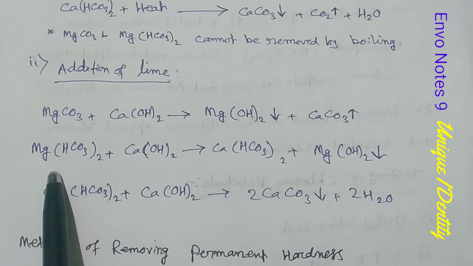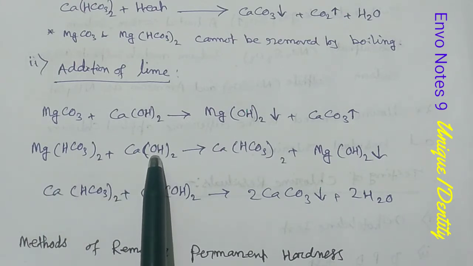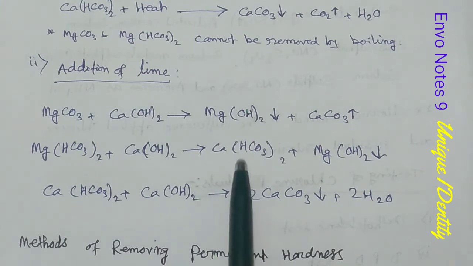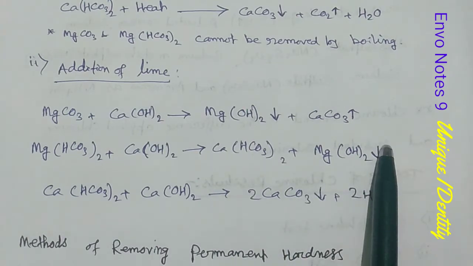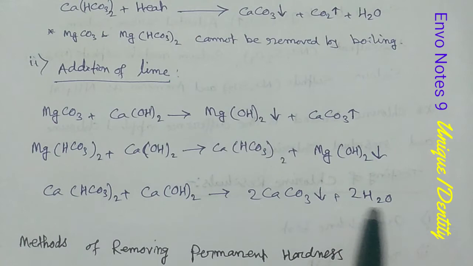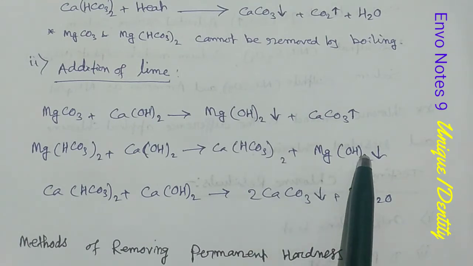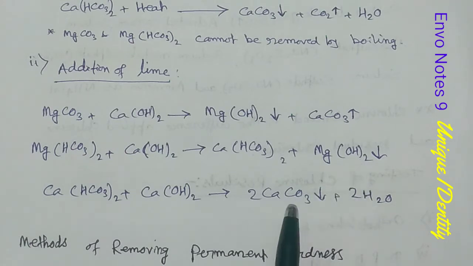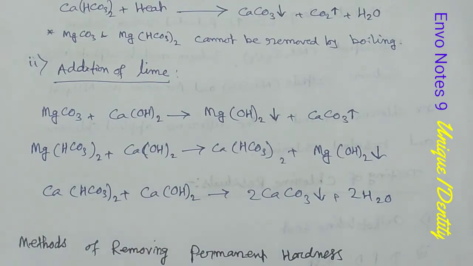Now magnesium bicarbonate plus Ca(OH)2 gives us calcium bicarbonate plus Mg(OH)2, which will precipitate. Again, this calcium bicarbonate plus calcium hydroxide gives us calcium carbonate, which will be precipitated at last, plus 2H2O. This calcium carbonate and magnesium hydroxide are precipitated and can be removed in the sedimentation tank. This method is generally adopted for softening water which contains only temporary hardness.